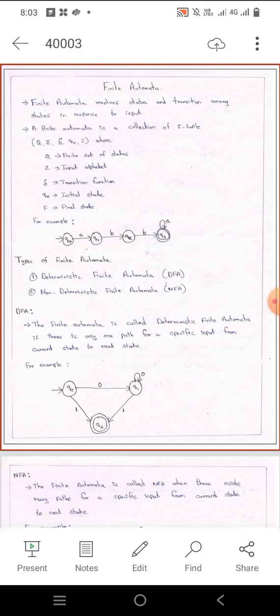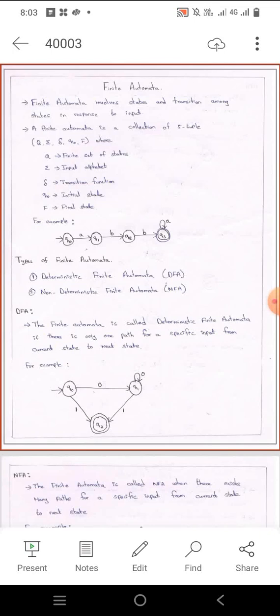So in this given example, see, transition of q naught comma a, it reaches q1. This is a transition. Then transition of q1 comma b, it reaches q2. Then from Q2 comma B it reaches Q3, and transition of Q3 comma A it reaches Q3. So these are all the transition among the states.